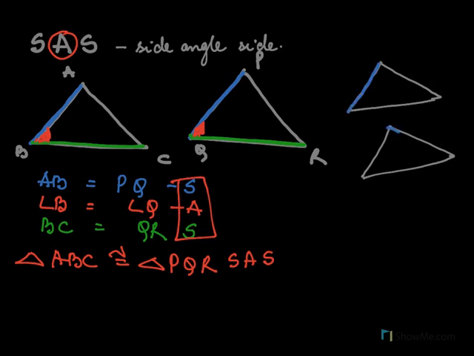Here you could have this side equal to this side, one side equal. Then you will have maybe this side equal to this side here, and the angle should always be in between. So I'll need this angle should be equal to this angle. Now I have SAS.